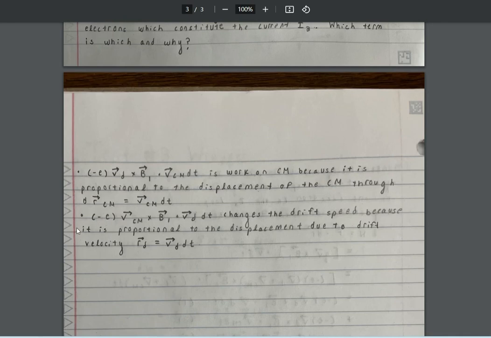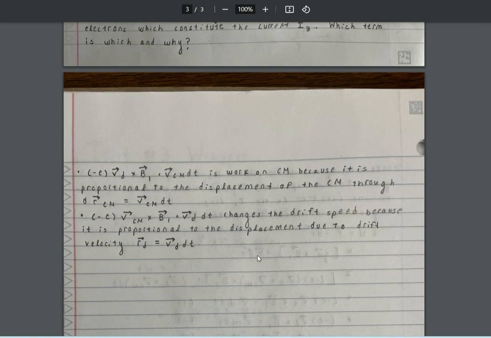And then finally, the last term, we're using basically just the opposite of this first equation here, where the center of mass velocity cross product with the magnetic field is multiplied by the drift velocity times the change in time.